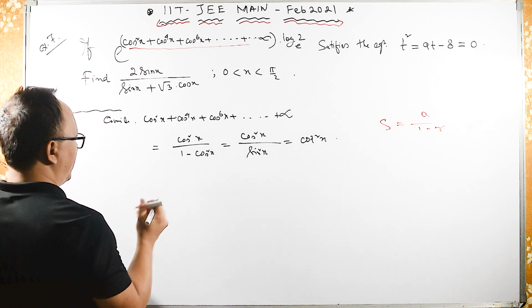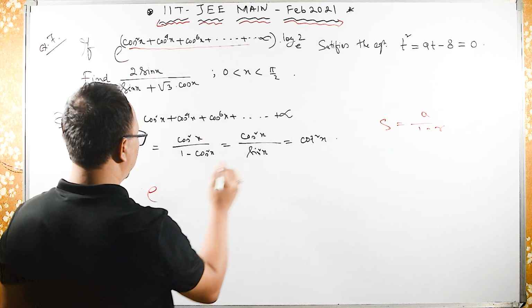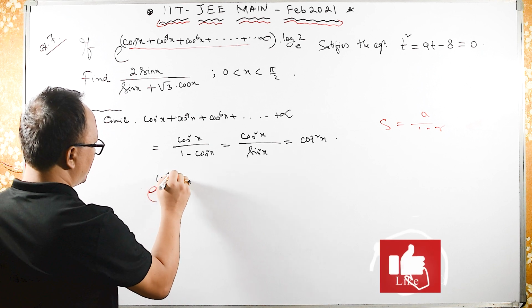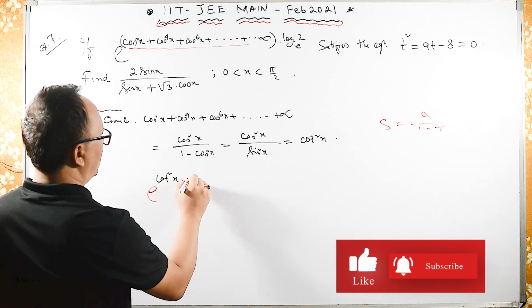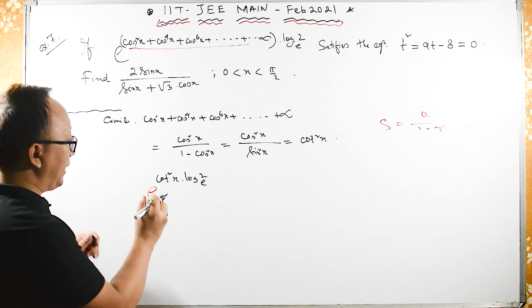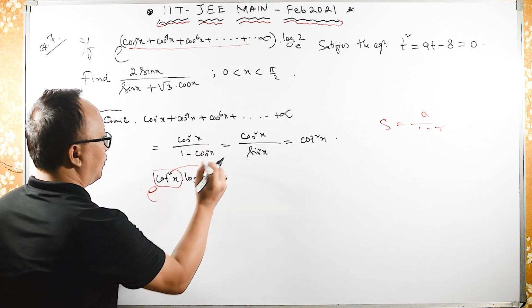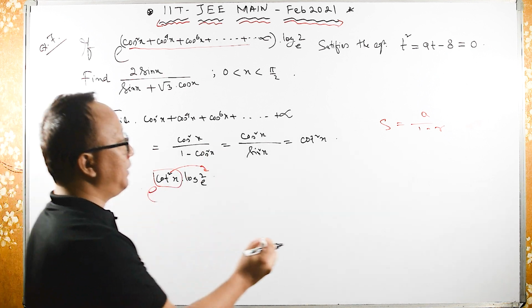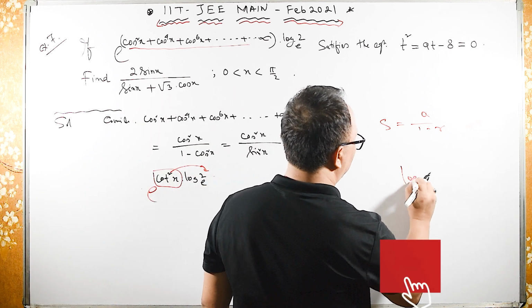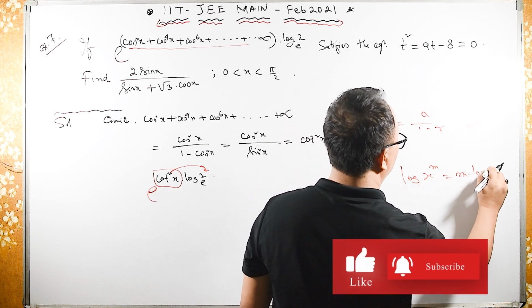Therefore e raised to the whole this becomes e raised to cot square x into log of 2 to the base e. Now by log property we can bring this over here, because log of x raised to m is the same as m into log of x.